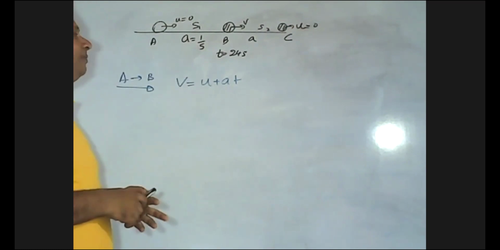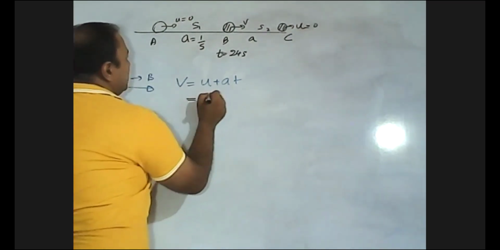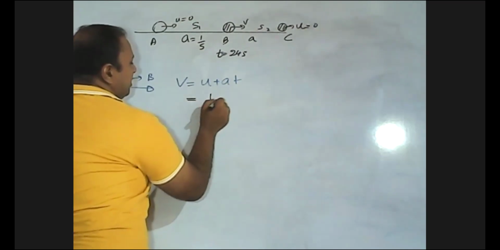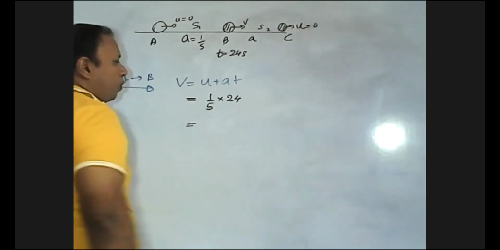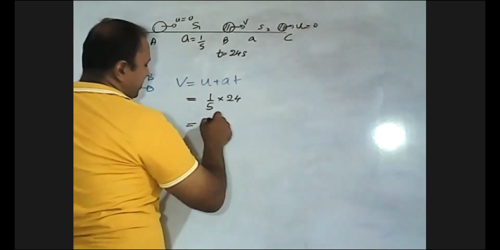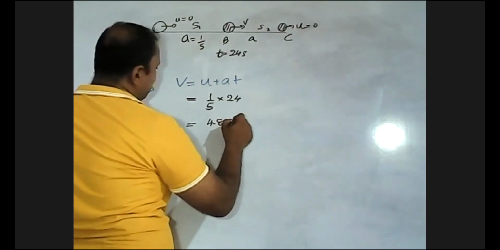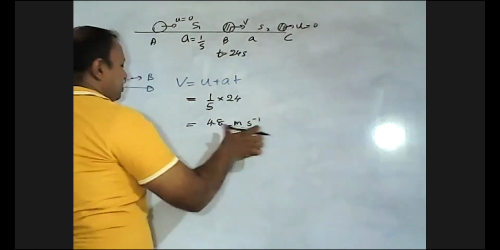So V equals 0 plus 24 over 5 times 40, which is 4.8 ms minus 1. That is the final answer.